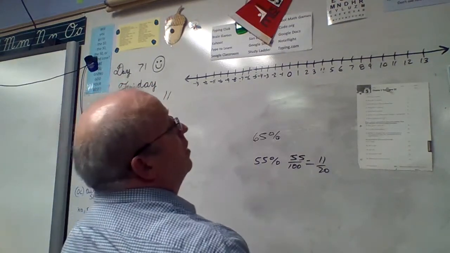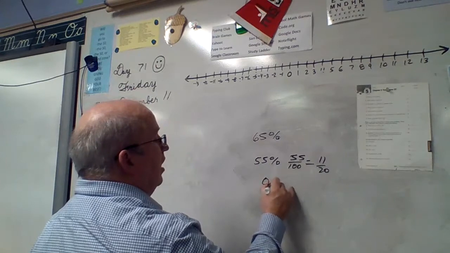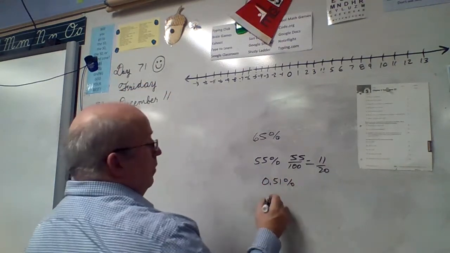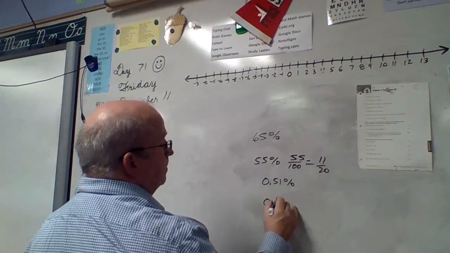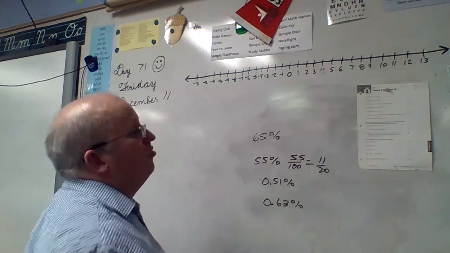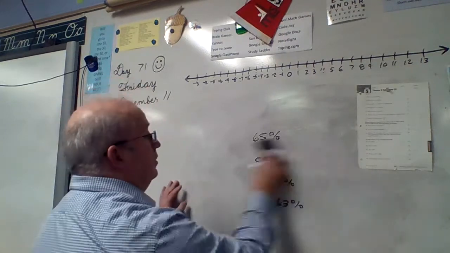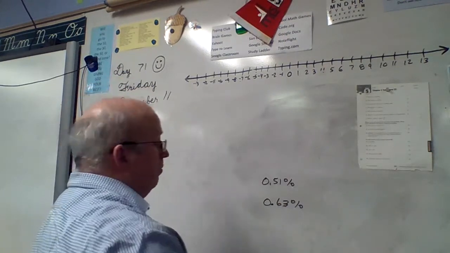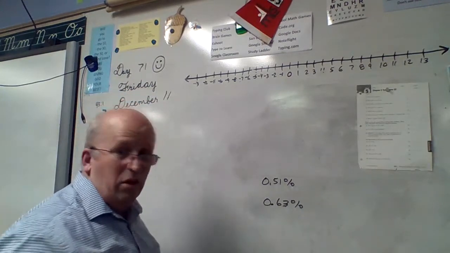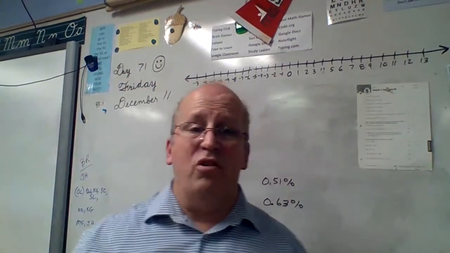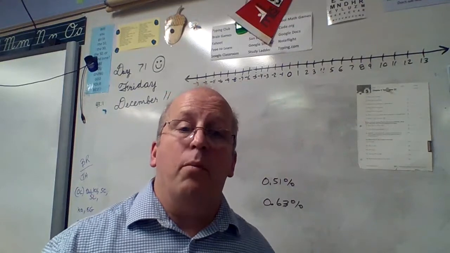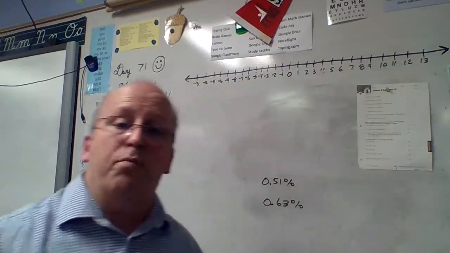Well, the next one, change 0.51% into a decimal. I'm not doing that one. But what if it said 0.63%? And it should change that into a decimal. There's a couple ways to do it, but one of the things we talked about was you can change a percent into a decimal by simply moving the decimal point 2 places over.